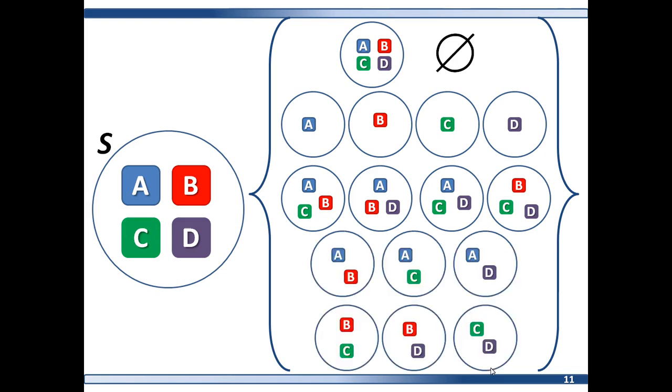And then we can go to the three-way unions. But wait, the three-way unions, such as A, B, C, are already in the sigma algebra because they're in from being the complements of the unit sets. Also, the four-way union is already in because it is S, the universal set. So you're done. We just made a power set.